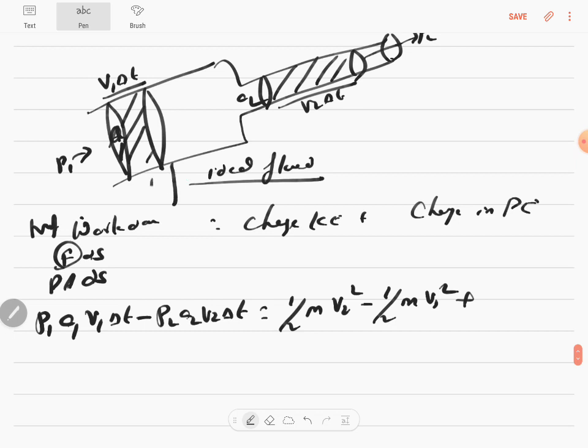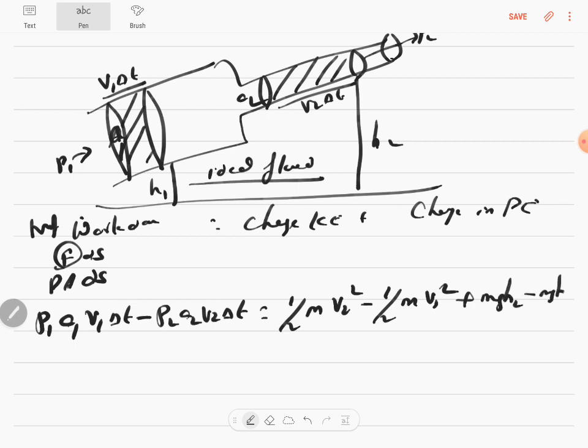The heights are H1 and H2 from the surface, so the potential energy is mg H2 minus mg H1.